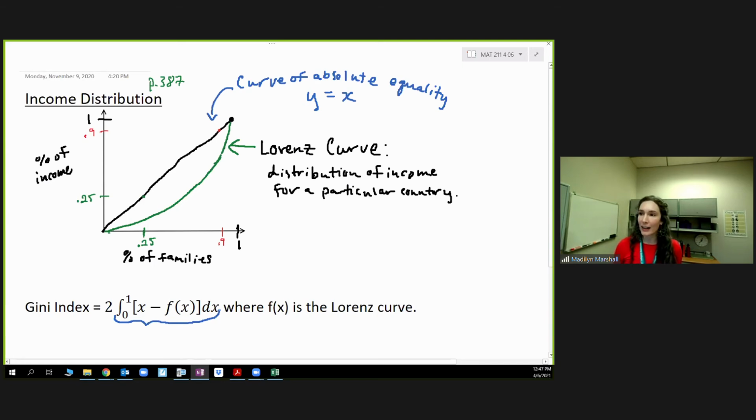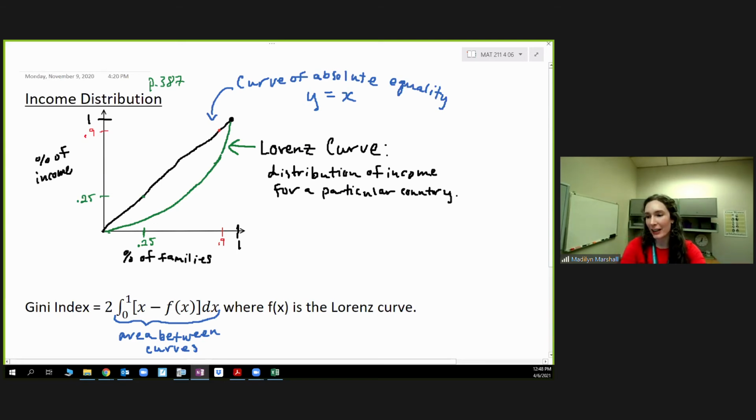That is the area between the curve of absolute equality and the Lorenz curve. The 2 is just there to make the index a nicer range of numbers.